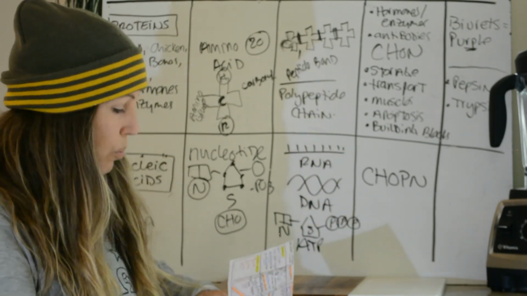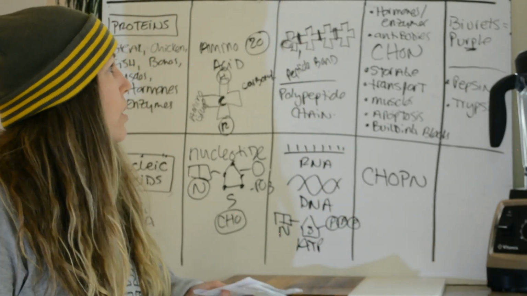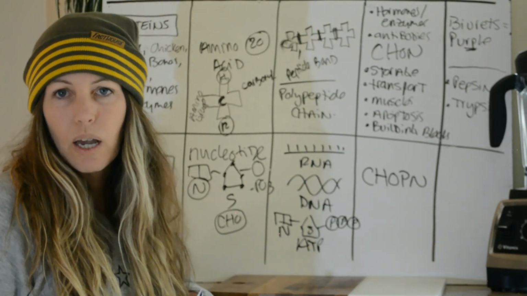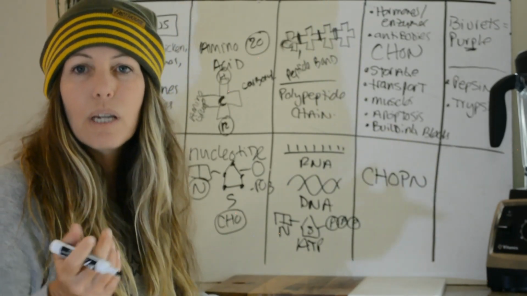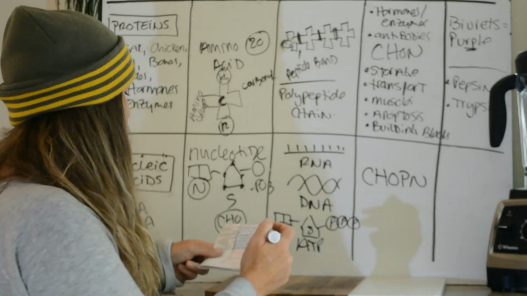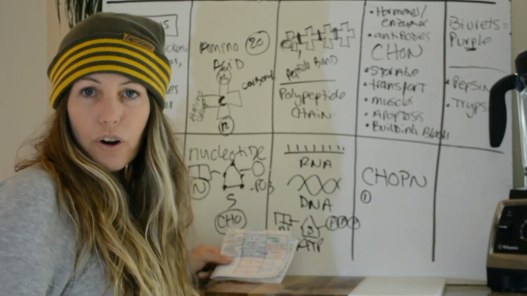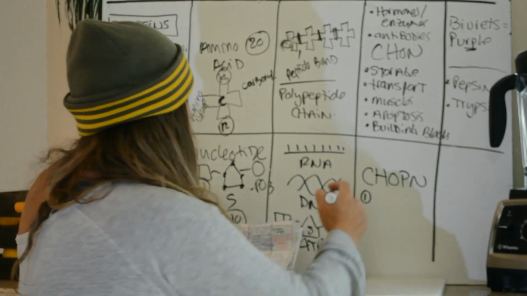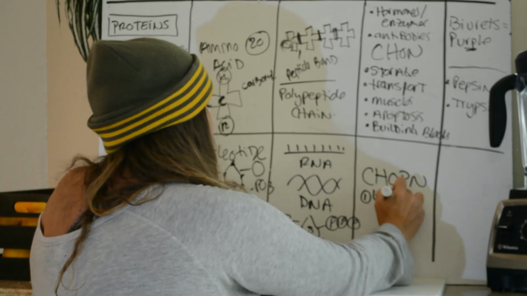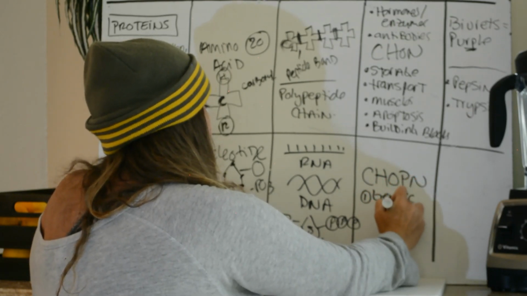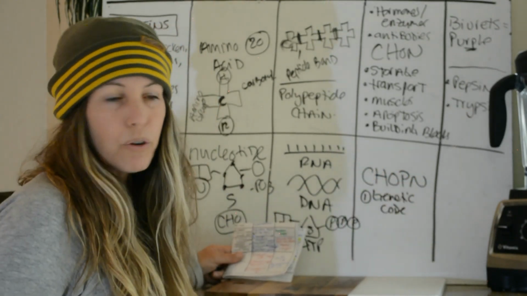So this one's pretty easy. Now, what's the function? Why do we need nucleic acids? Why do you need DNA? Why do you need energy, right? Well, number one, DNA and even RNA, depending on if you're a virus as well, is your genetic code. Okay, this is our blueprint for life.